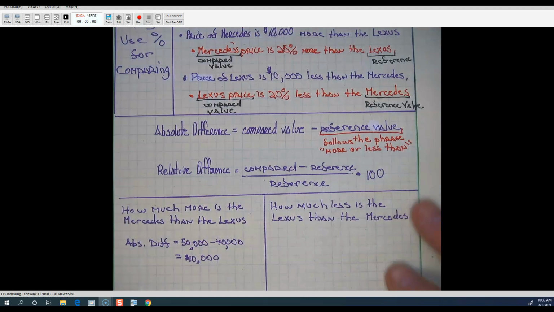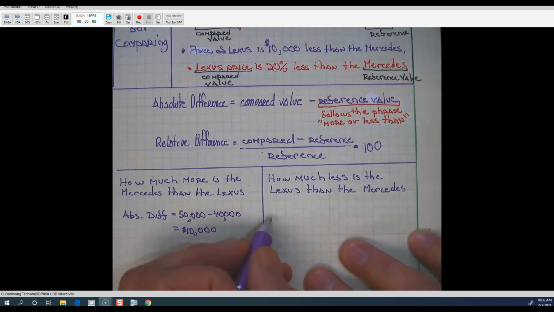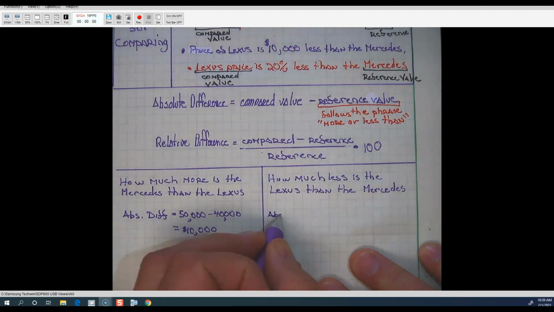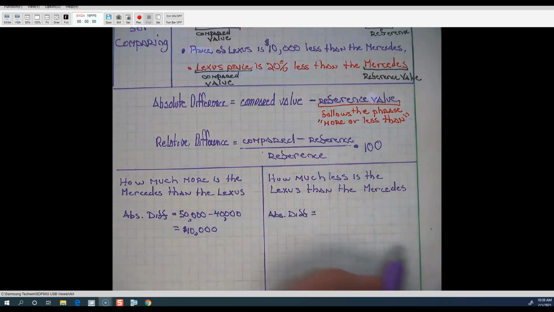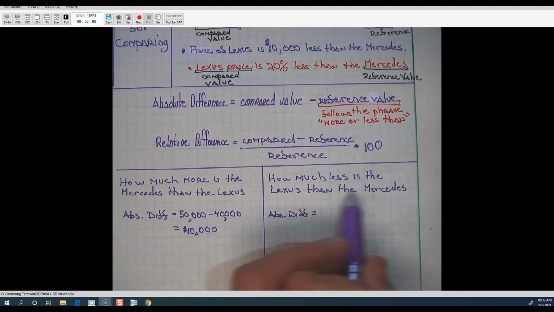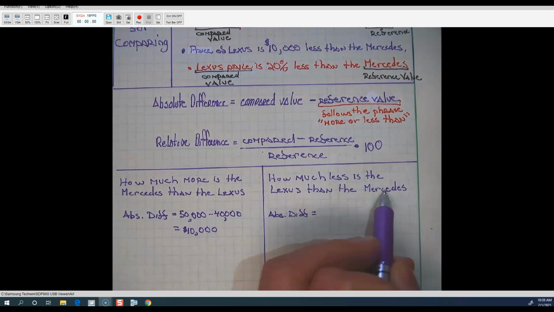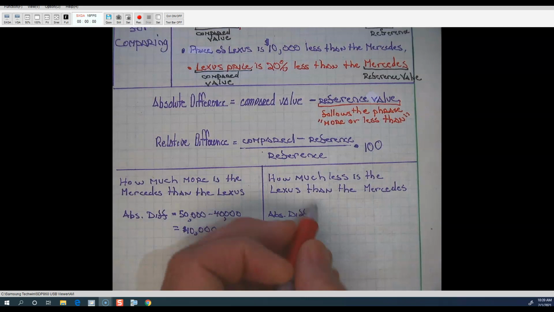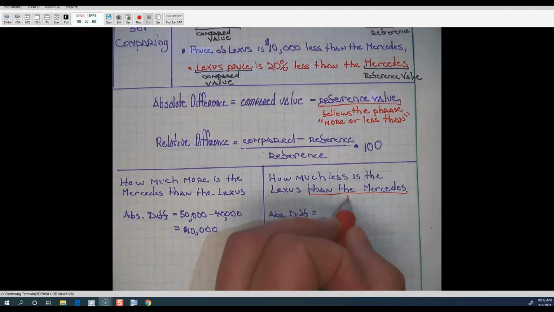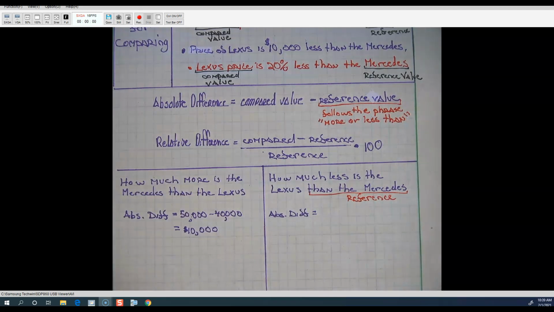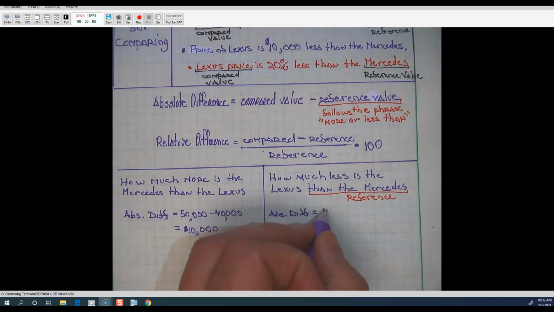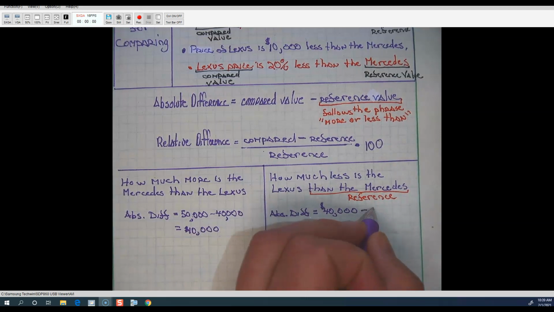And then over on the other one, I just reverse it. The absolute difference in this case, okay, the reference value follows the word than. So this is my reference here. So it's the compared value, which is 40,000, minus the reference value, which is 50,000.